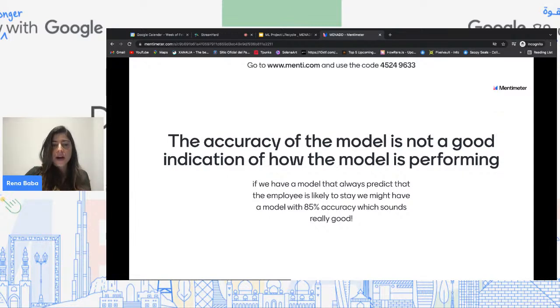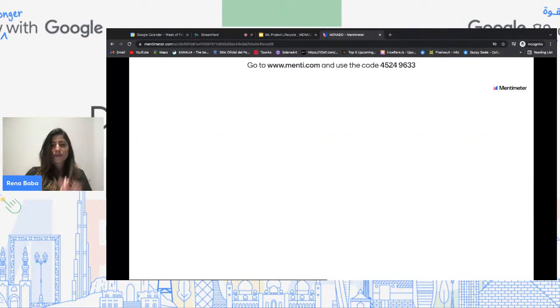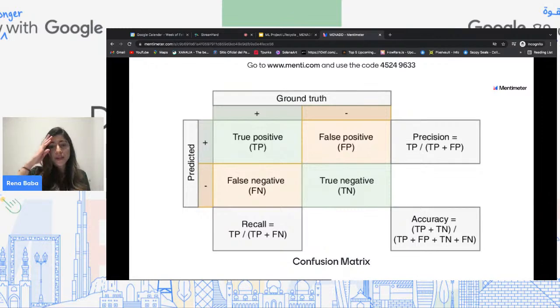If you have a model that always predicts that an employee is likely to stay, that's all the model is doing, it will have an 85% accuracy because 85% of the data is about employees who are likely to stay. So what does that mean? It means that we need to find other metrics and other ways to evaluate our model.